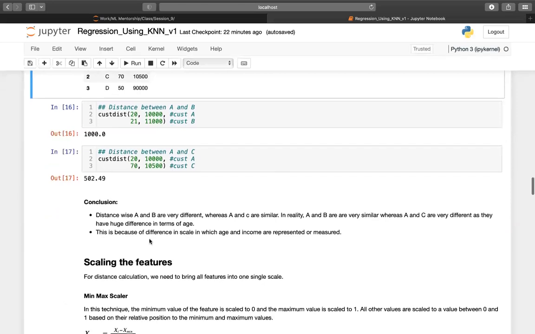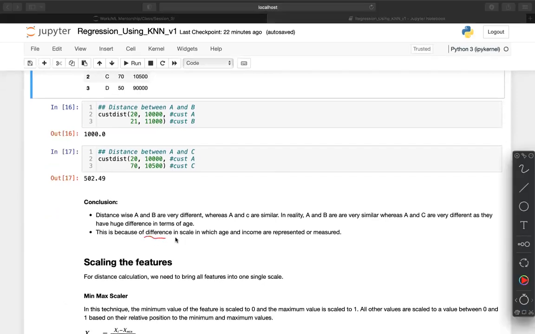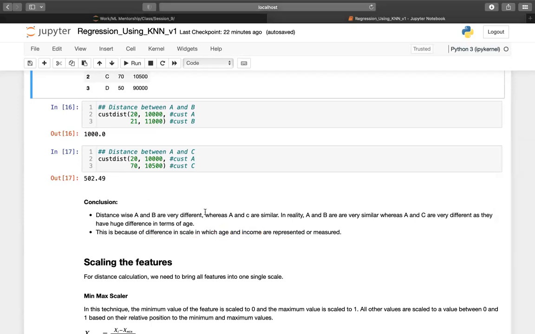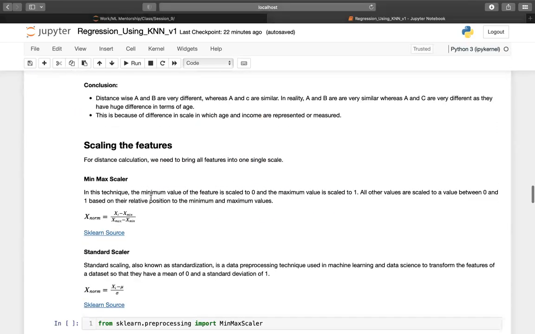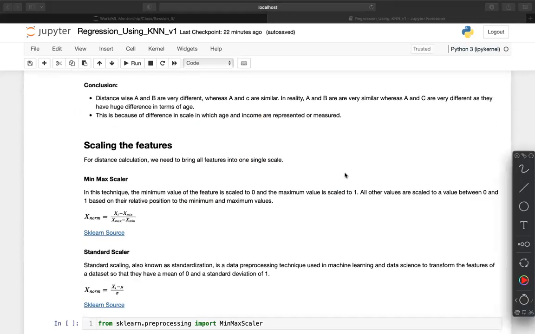That's what we have discussed so far. This is because of the difference in scale in which age and income are represented or measured. So for any algorithm, not only KNN, any algorithm which takes help of distance calculation, the first thing you have to do is pre-process the data to bring all the features into one single scale.